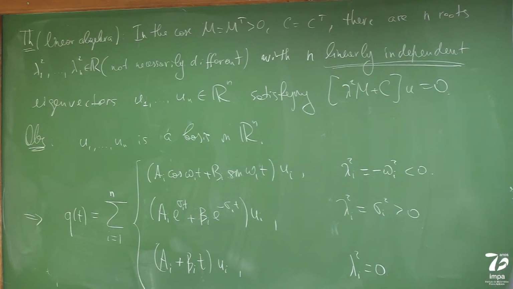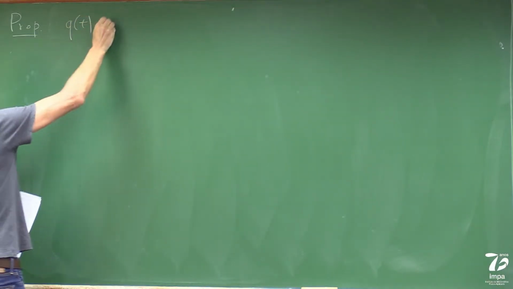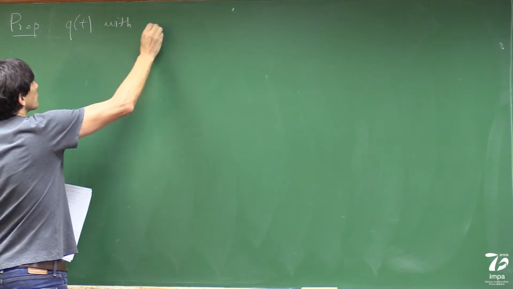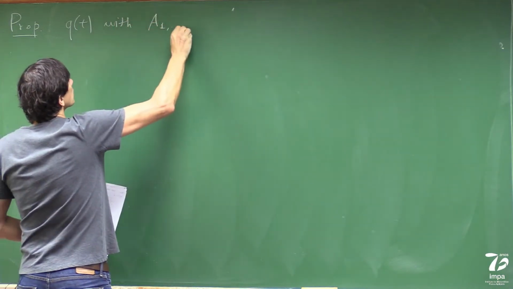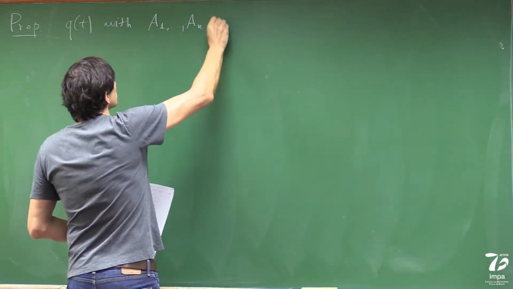The second property that we can prove is that Q(t) with arbitrary coefficients, n coefficients A and n coefficients B, is actually a general solution.